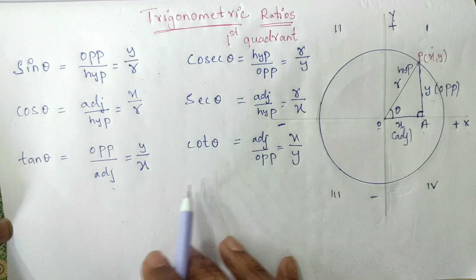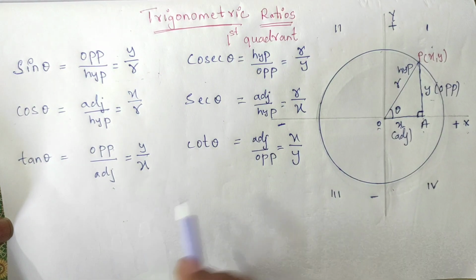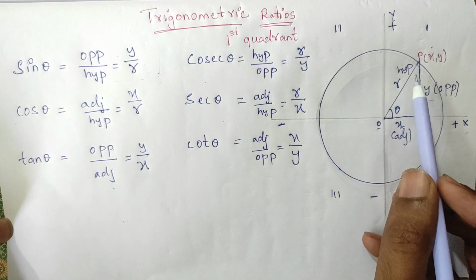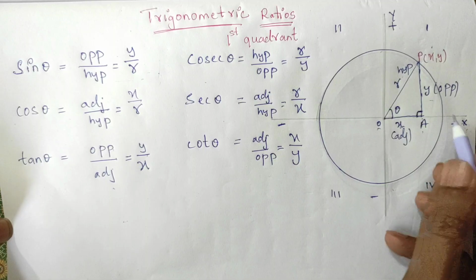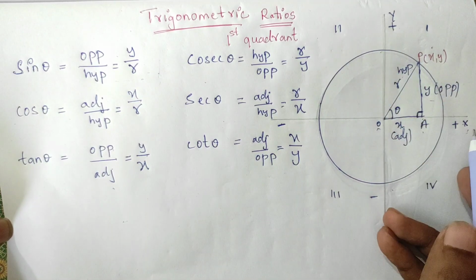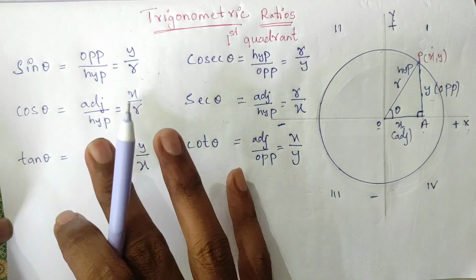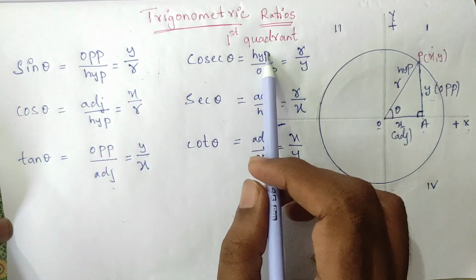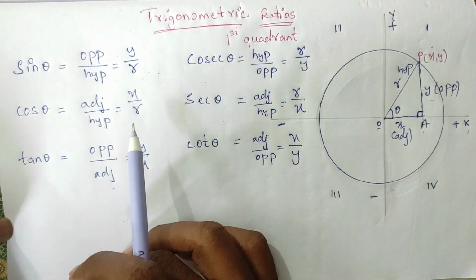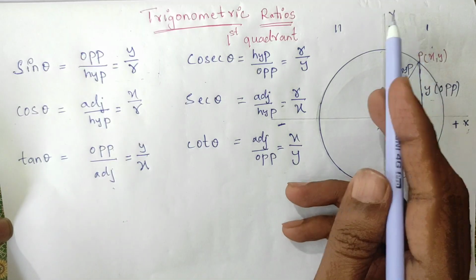Therefore, all our 6 trigonometry ratios are positive in the first quadrant. The first quadrant angle ranges from 0 to 90 degrees. So in 0 to 90 degrees, all 6 trigonometry ratios are positive.